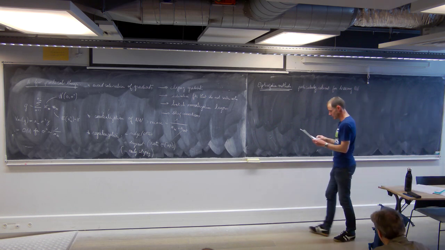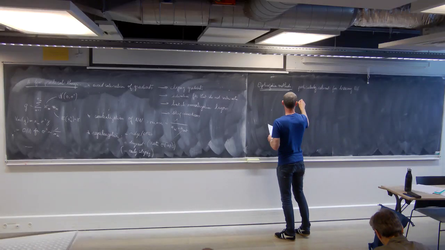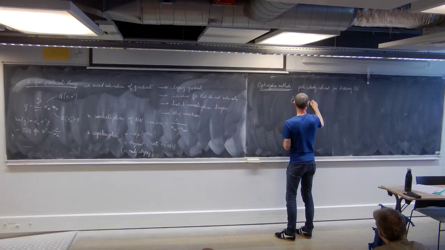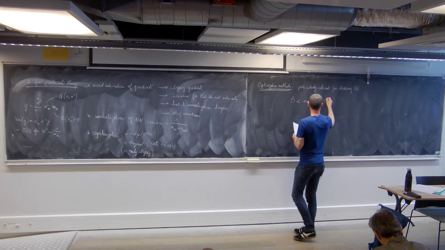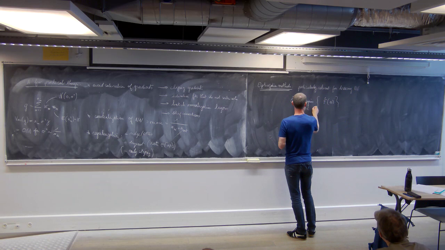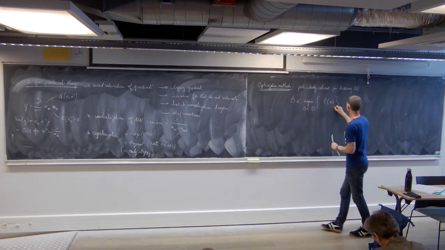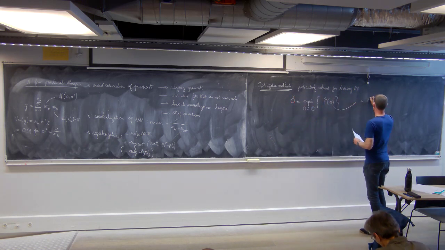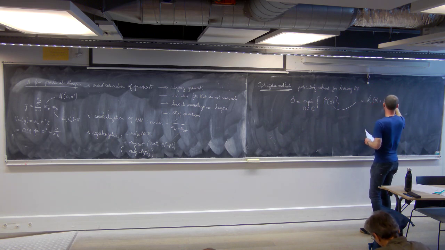optimization methods, we typically want to find a theta hat. We've seen that at various places. We typically want to find parameters that minimize some function, something like an empirical loss plus some regularization term.